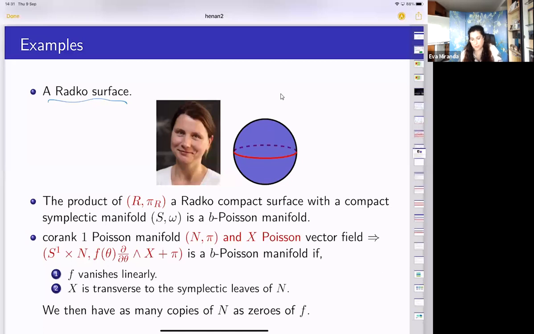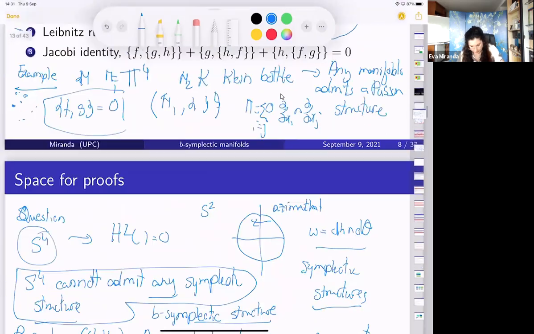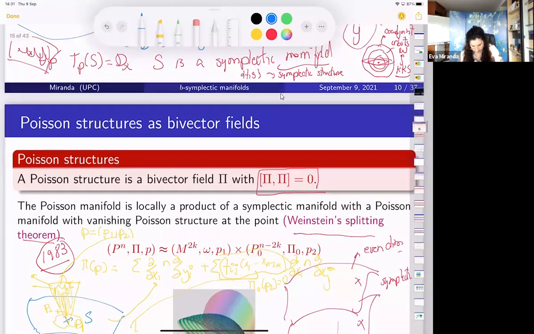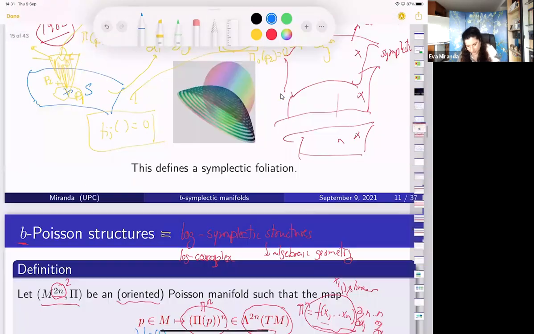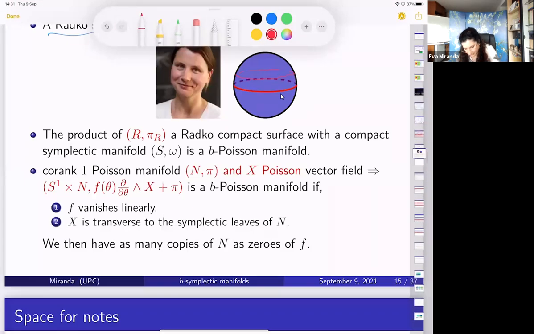You may have different connected components here. It doesn't matter. The important thing is that this set is of codimension 1.